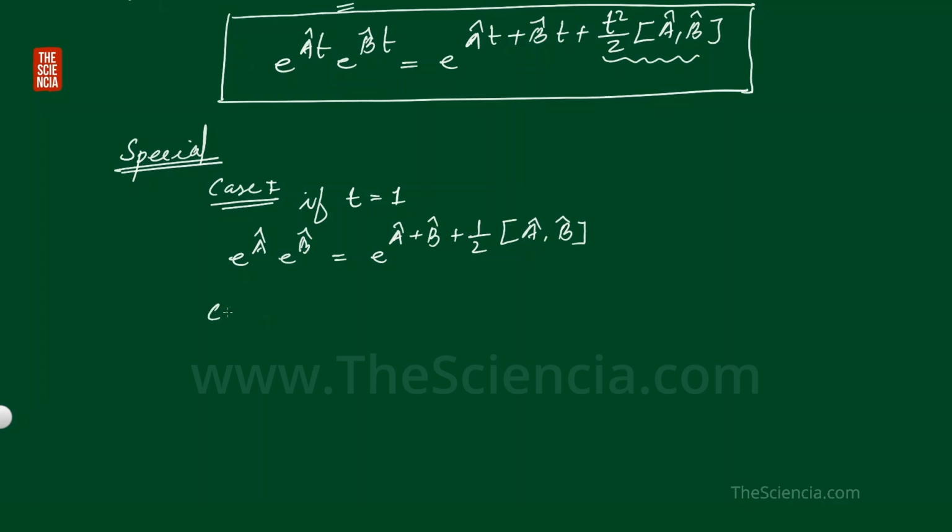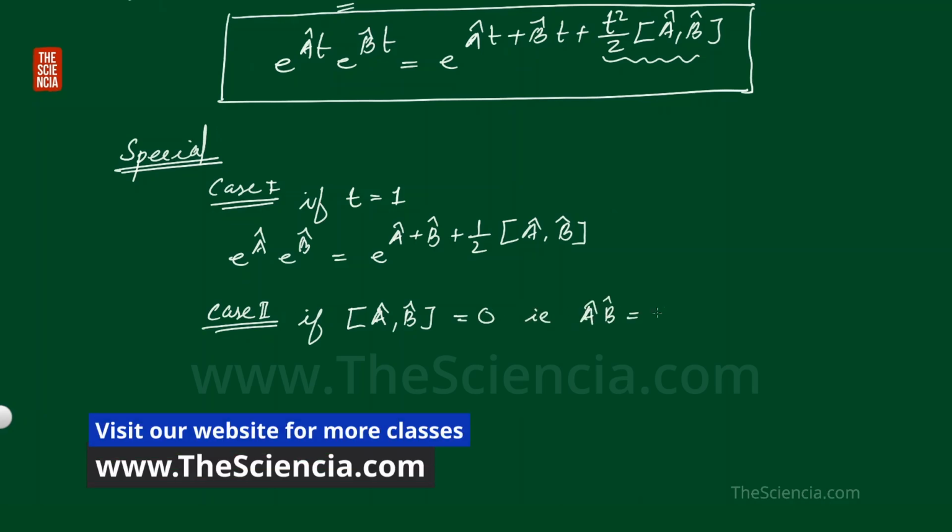And case 2. If commutator A B is equal to 0, that is operator AB is equal to operator BA, what we will get?